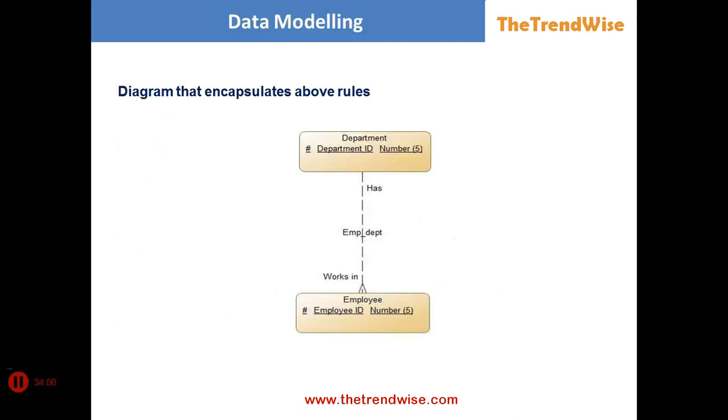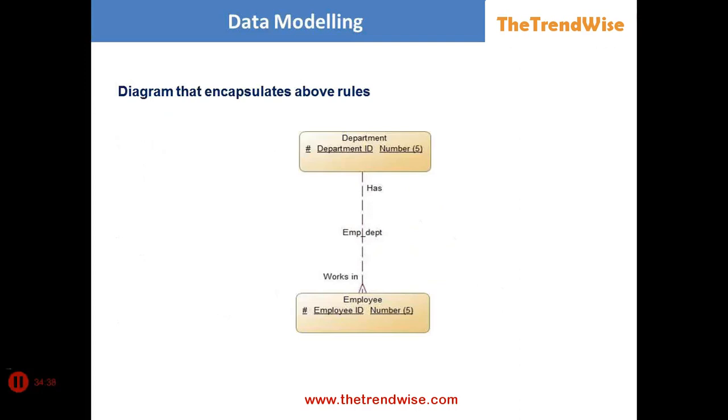I would make two different entities, one as department, another as employee, and we will just connect those two using a line. On the end where I have multiple instances of an object, we'll create a small triangle. As you see on the top of the employee entity, there is a small triangle. What does that triangle denote? It's the multiple instances attached to one instance of the previous entity.